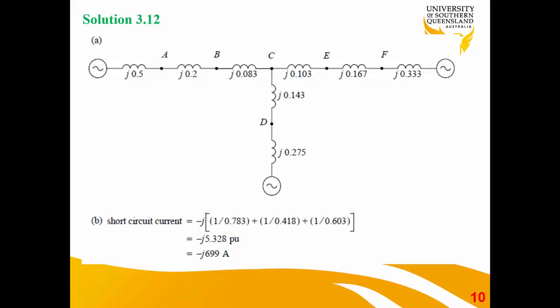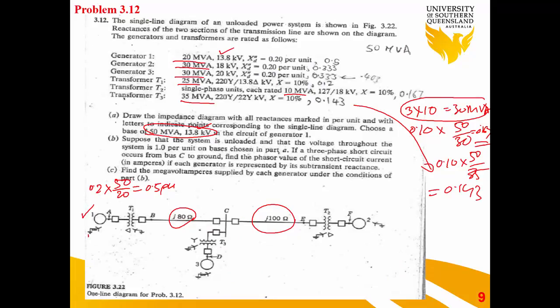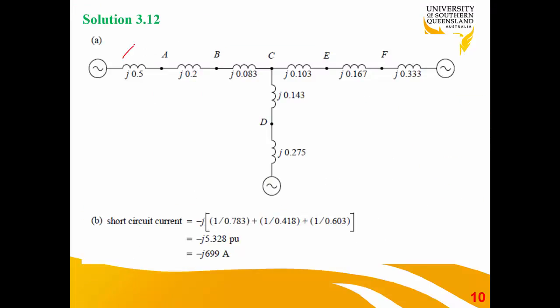So how this one, as we calculated before, this one was 0.2, actually 0.2 times 50 by, yes, getting. Similarly, you will get all of them.